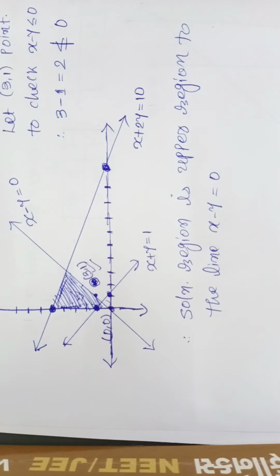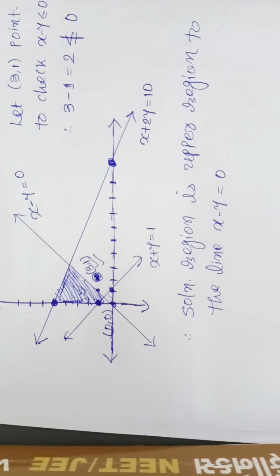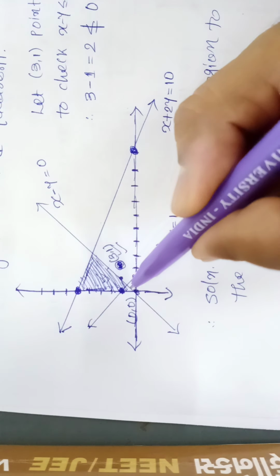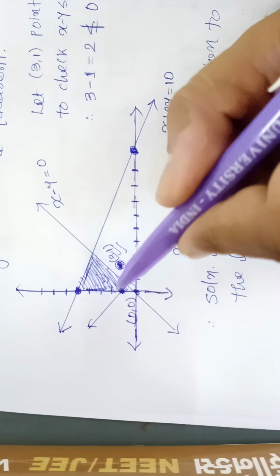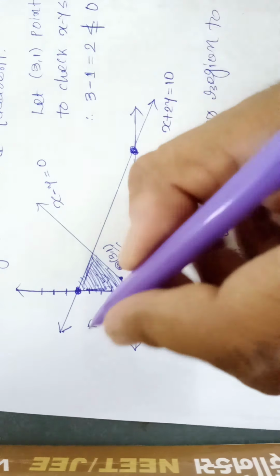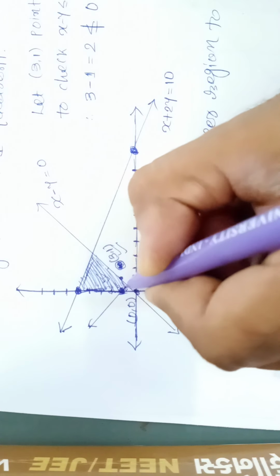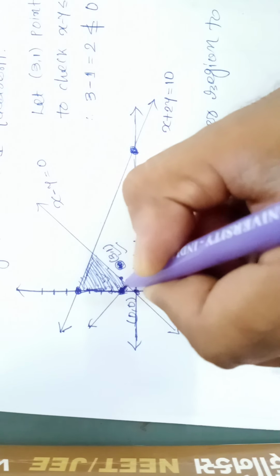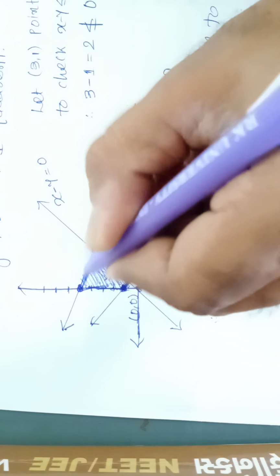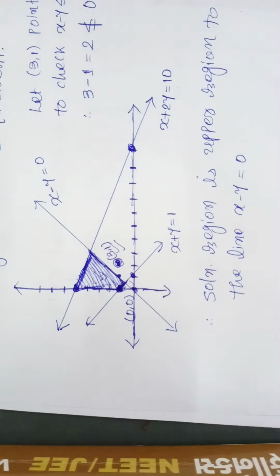So my dear friend, remember that this kind of region we have. Remember that this is the region. Do not draw here also, right? Draw here because x plus y is more than 1, that's why this is the region. Okay, I just draw this one as a dark region. This is the region.